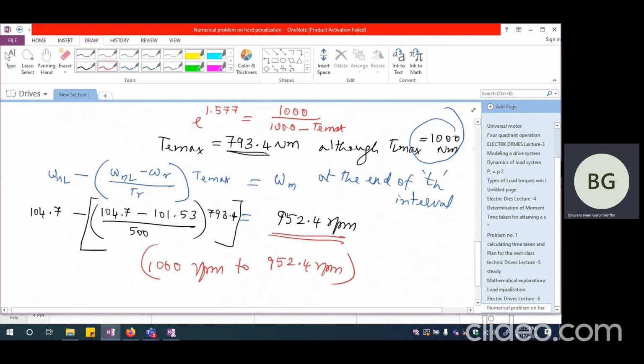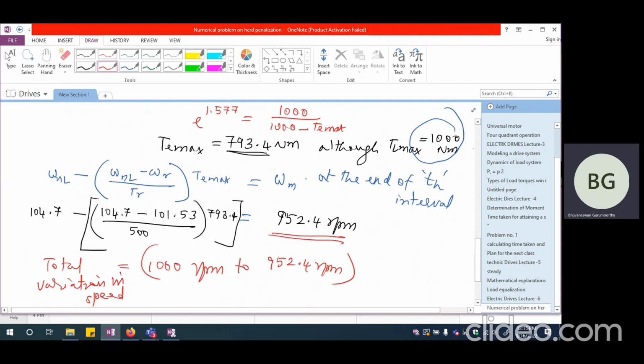This is going to be the total variation in the speed. Okay. And similarly, the electromagnetic torque is going to change from 793.4 Newton meter to 0 Newton meter repeatedly. This is what it is going to do.